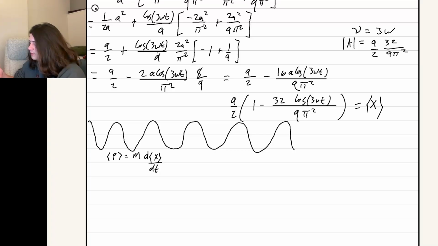And so let's just multiply our result for the expectation value of x by m and take a derivative with respect to time.